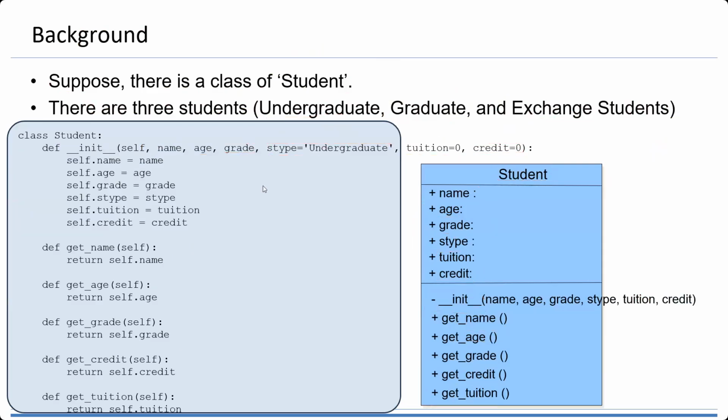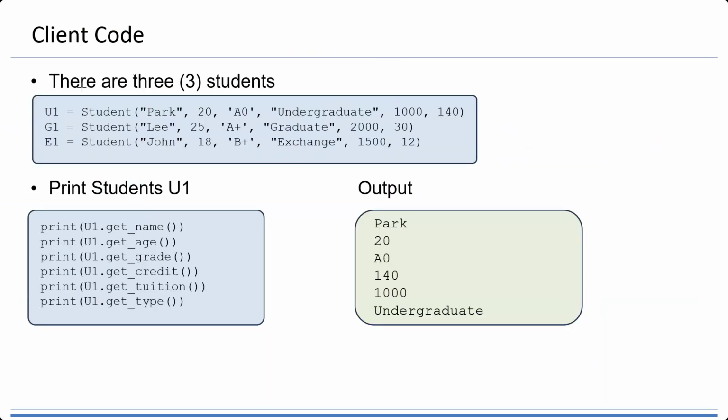Using this class, you can have the client code. So there are 3 students. So let's say this is the undergraduate student U1. This is G1. This is the graduate student. And let's say this is an exchange student.